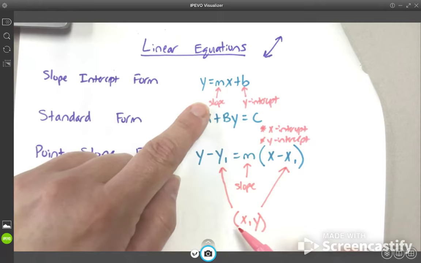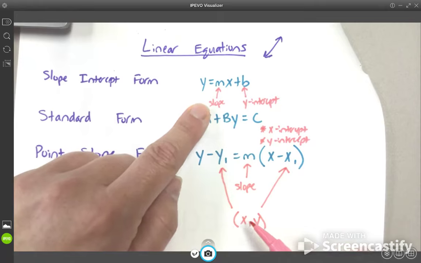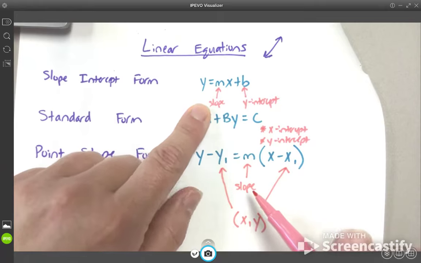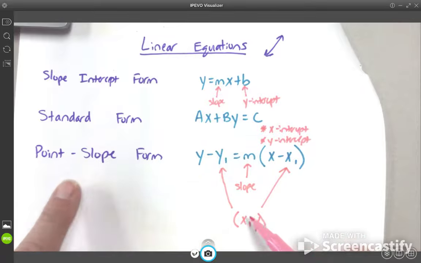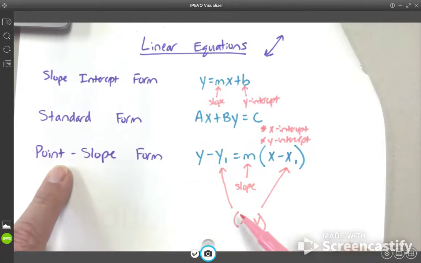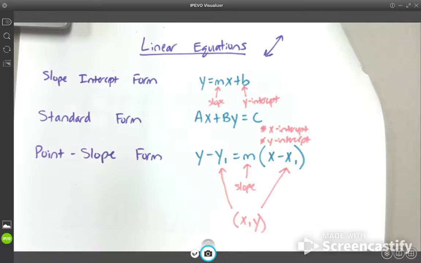So similar things to slope-intercept form. They both give you the slope, but specifically slope-intercept form gives you a point on the y-axis only, versus point-slope can give you any ordered pair point that's on the line. So that's the overview of the three types of linear equations.